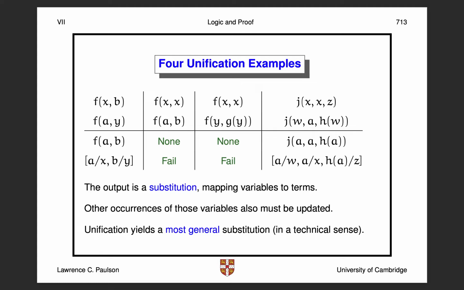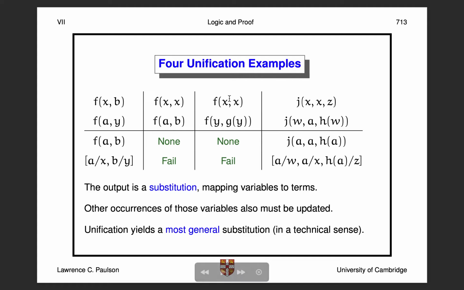And please don't say, what if g is the identity function? Because g is not the identity function. g is the function that sticks g in front of its argument.